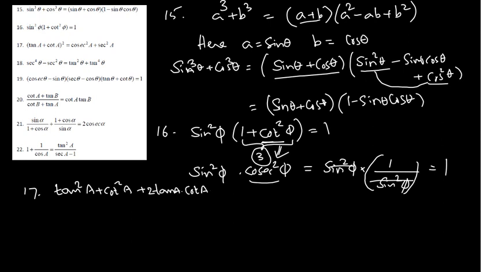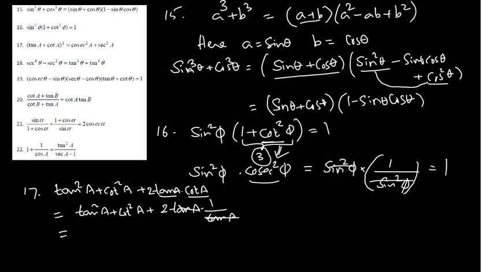Tan a into cot a is 1 because both are reciprocal to each other. So you get tan squared a plus cot squared a plus 2 tan a into 1 by tan a. So this gets cancelled, you got 2 here, right?